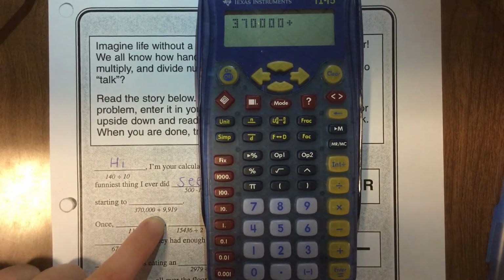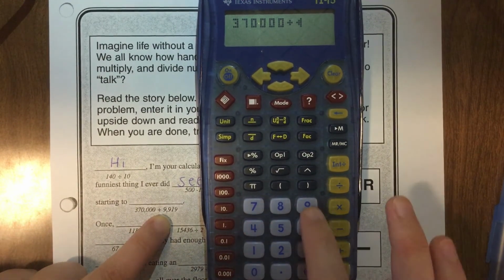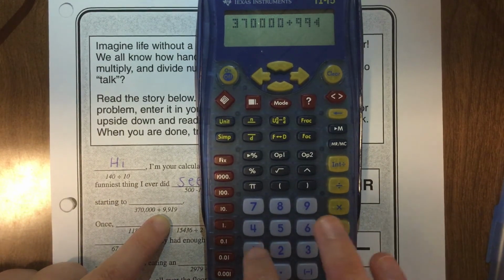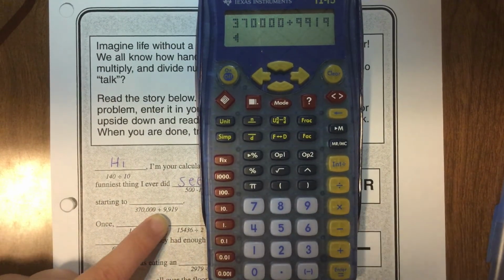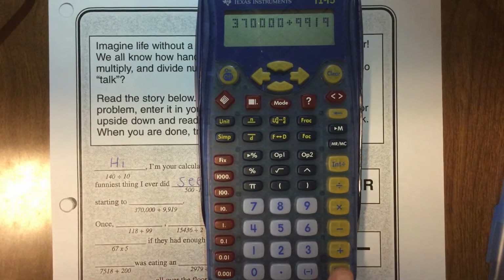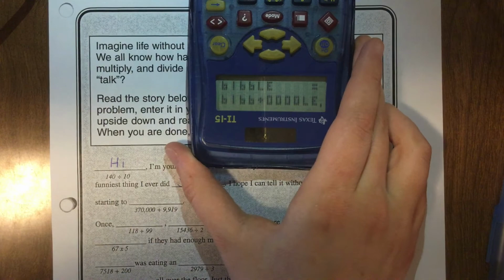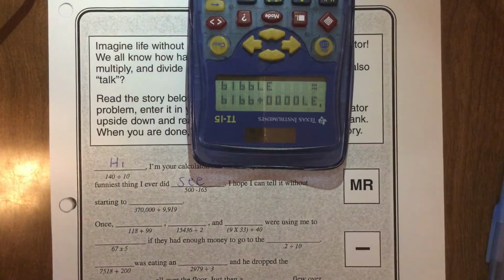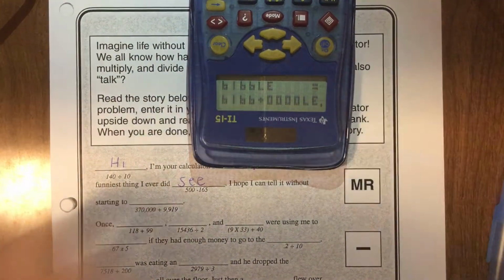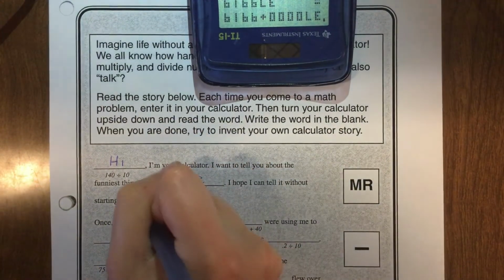And then 9,919. Don't worry about the commas, you don't need those. Hit equals, flip it around, and it says giggle. So let's write that in there.